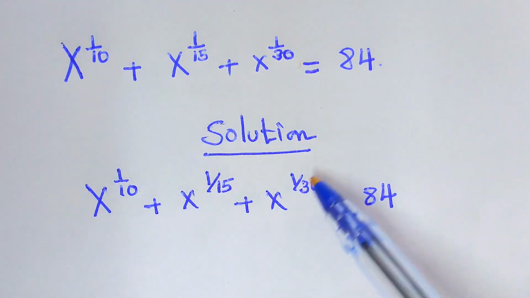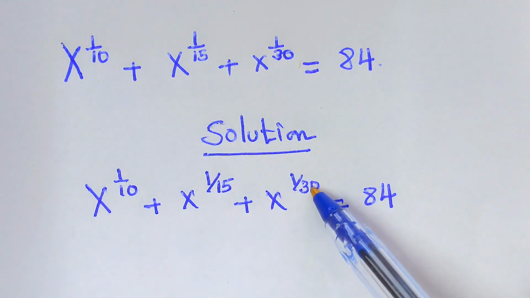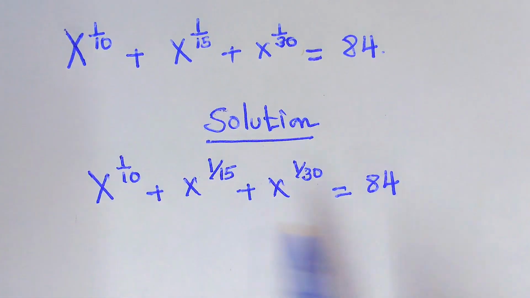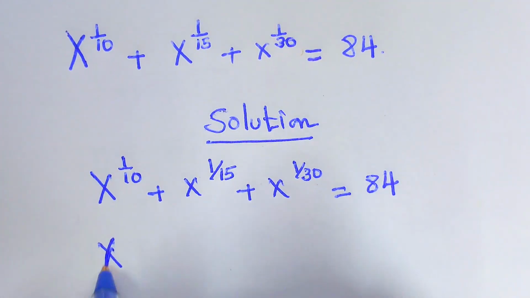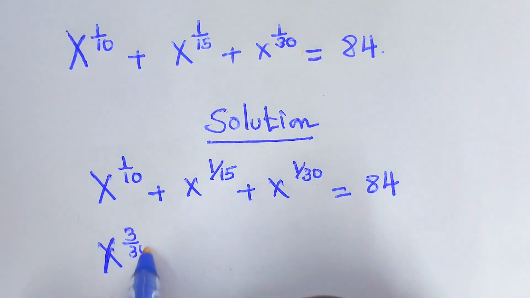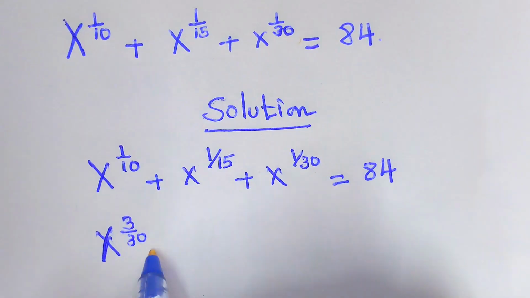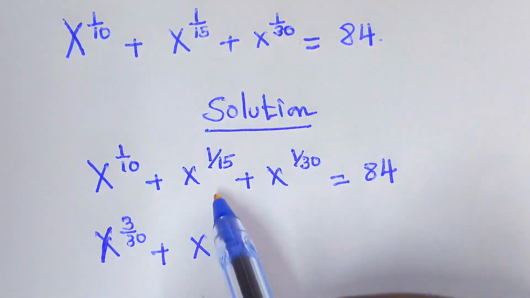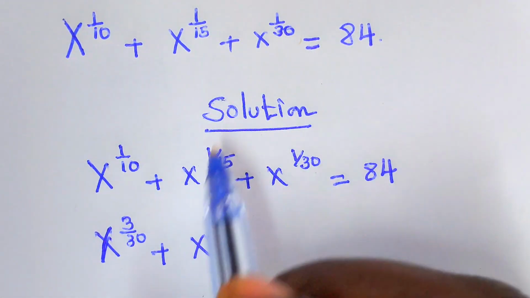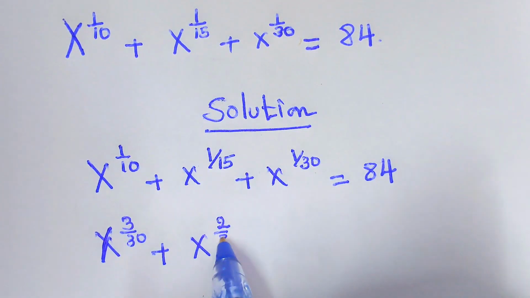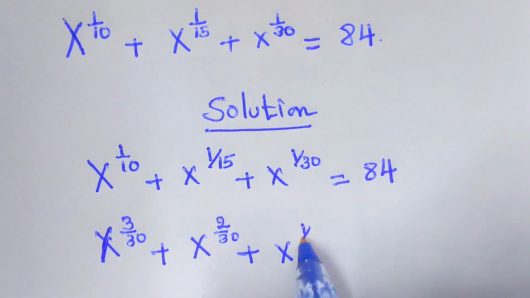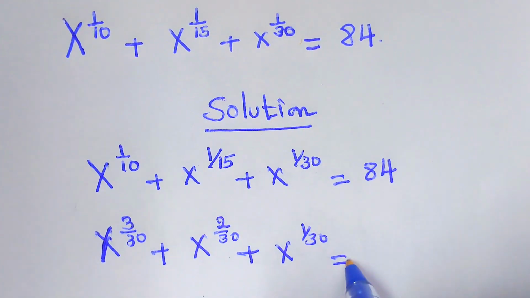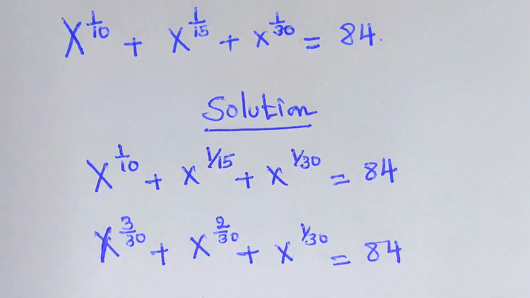We are going to refer to this denominator, which means x^(1/10) can also be written as x^(3/30), then plus x^(2/30), then plus x^(1/30), which equals 84.